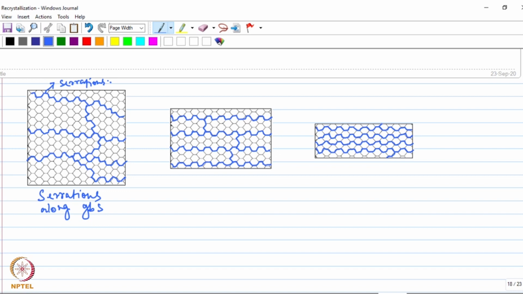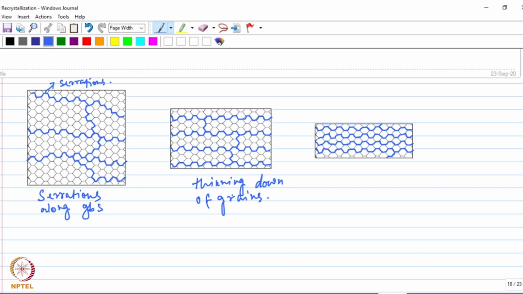Right, so as the material is subjected to more deformation, the grains can thin down, as you could see from the second figure over here, while the size of the subgrains remains constant, right? Although the grain size is changing, the grain shape is changing, but the subgrains remain constant, okay?